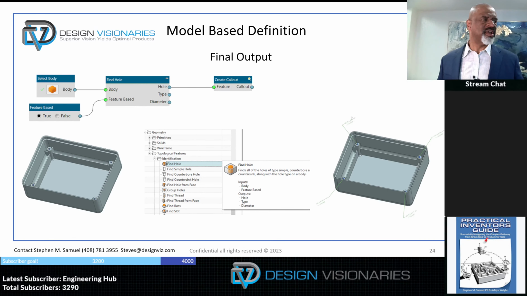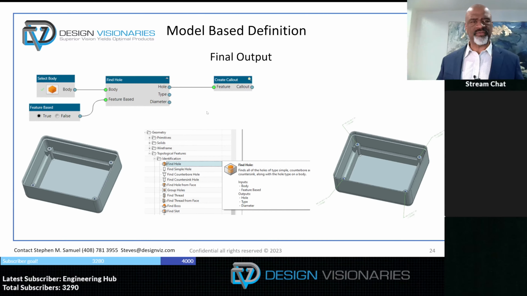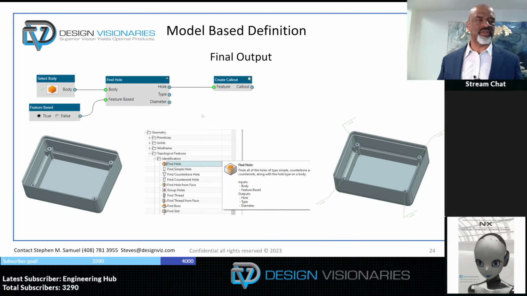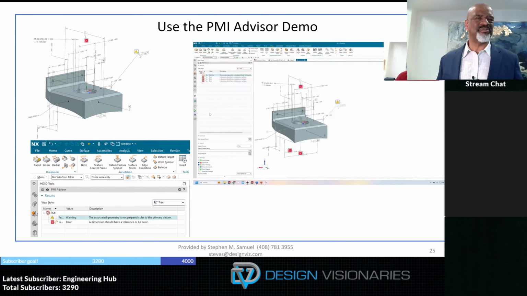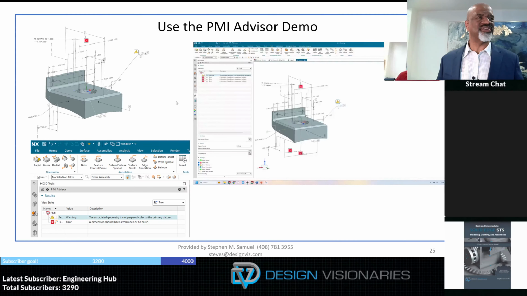There's very few here, and it makes all the hole callouts for you. So that's fantastic. Just imagine there are holes, chamfers, blends, ribs, all these things that in the, let's call them the old days, you would annotate on a 2D drawing with a PDF. And now you can do it in 3D with PMI. And you can make sure that process is really streamlined.